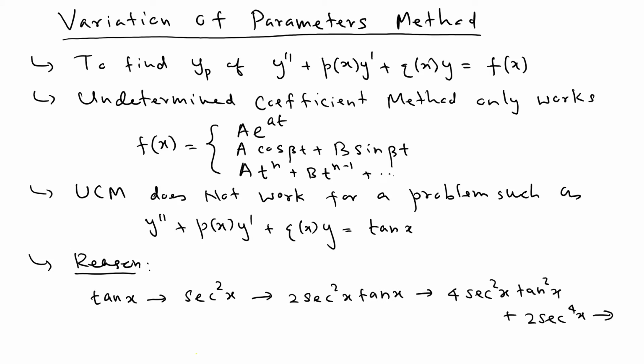In the three cases of the undetermined coefficient method, you can write the derivative as a linear combination of the previous ones, but that doesn't work anymore. So that means we need a new technique. The new technique is what we call the variation of parameters. So let's talk about that now.